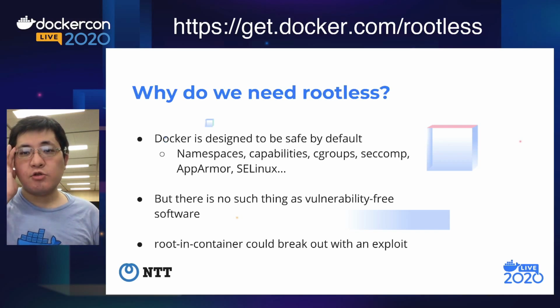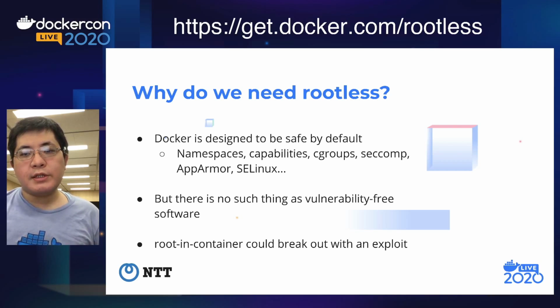So why do we need rootless? Actually, Docker is designed to be safe by default. It comes with a bunch of security features, including namespaces such as mount namespace and network namespace for isolating processes. And also it comes with capabilities such as CAP_SYS_ADMIN.